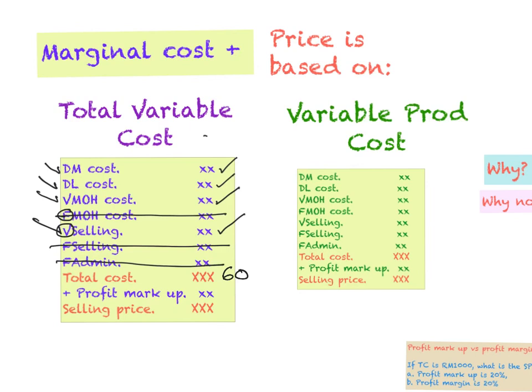Let's say the profit markup here is 30%, because if we use the variable cost plus, then the profit markup will of course be higher than the full cost plus pricing. So 30% will be about 18 ringgit. So the selling price that you are going to set here will be 78 ringgit. So this is your selling price.